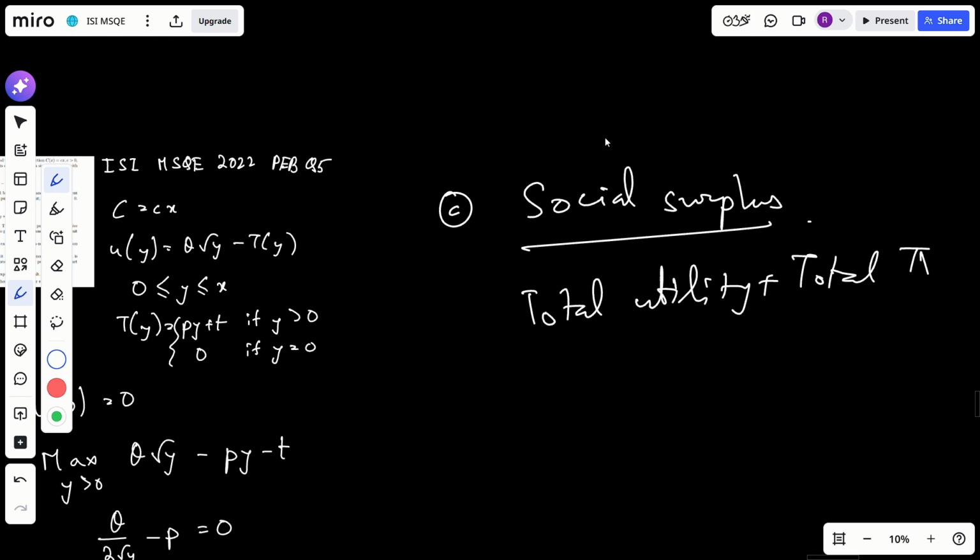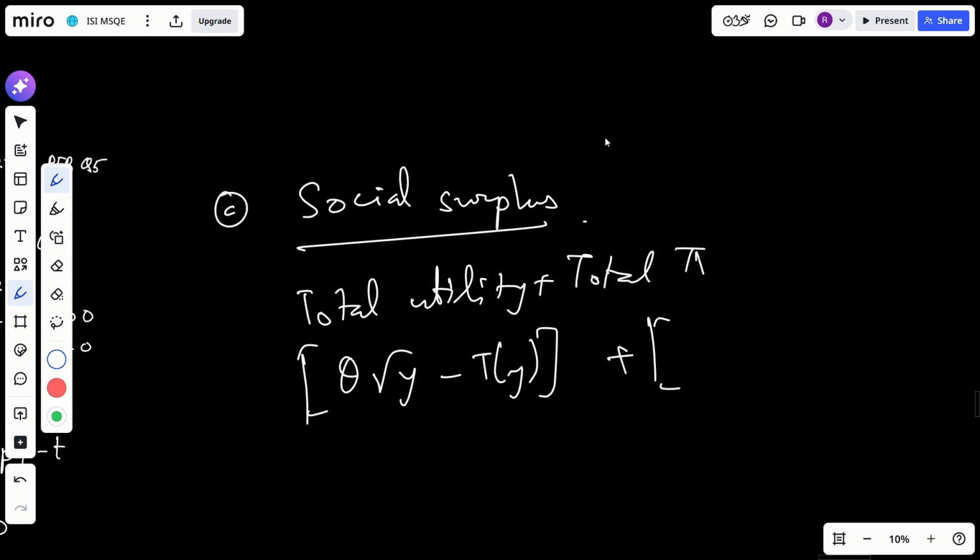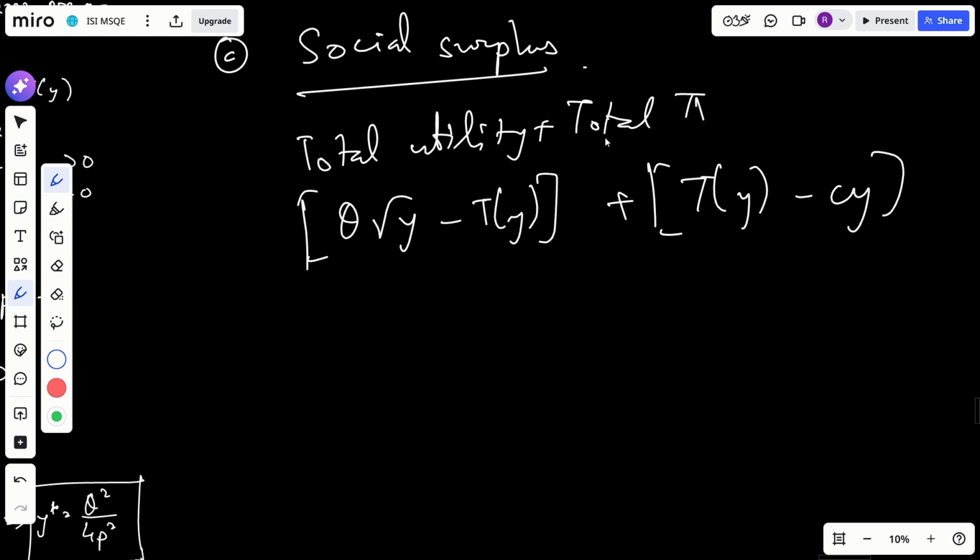Our utility is nothing but theta root y minus ty, and total profit is ty minus cy. So from this we are getting theta root y minus cy.